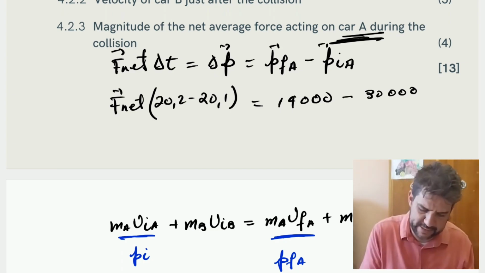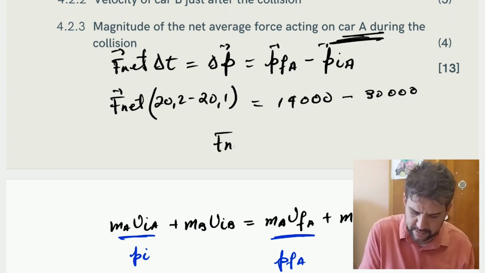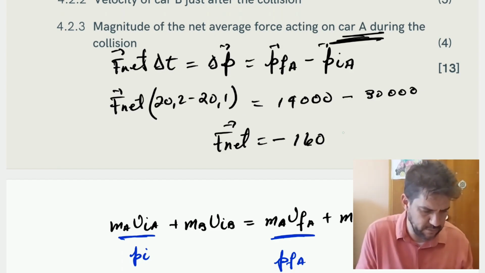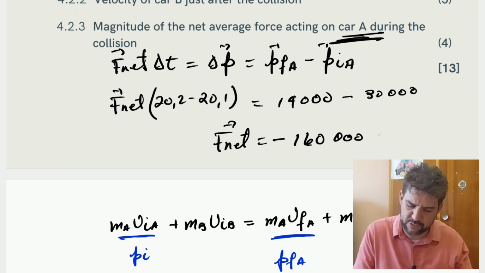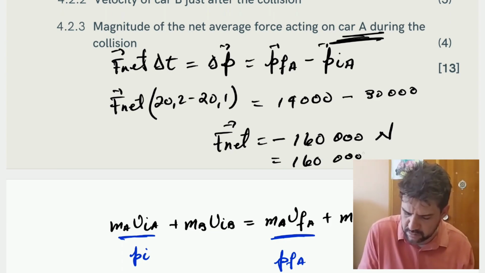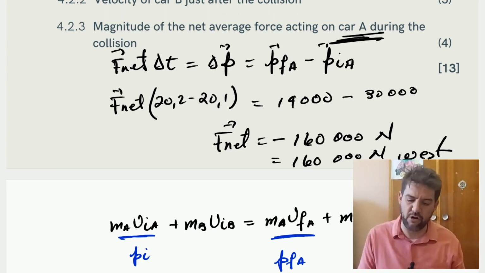We get that the answer for F net is negative 160,000. Let me see. Yes, 160,000 newtons. In other words, that is equal to 160 kilonewtons west. Guys, this is the end of the question.